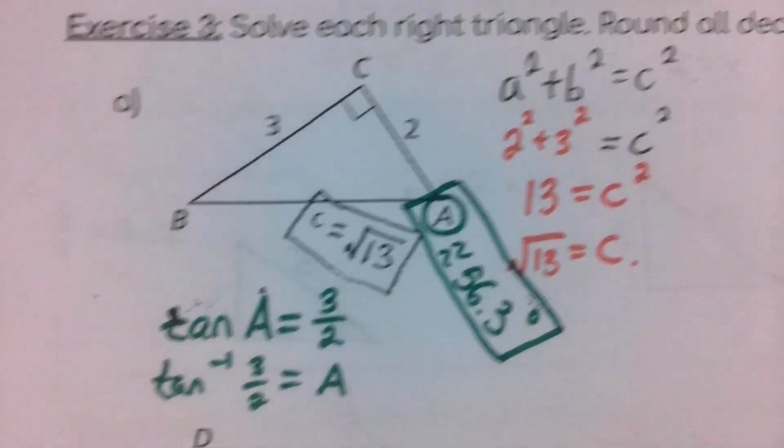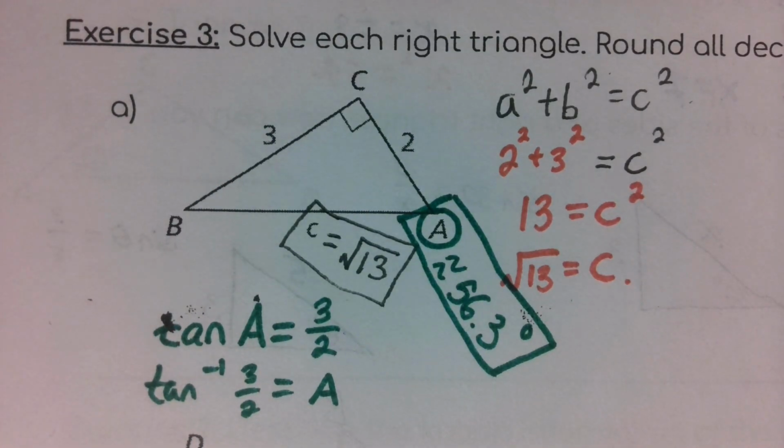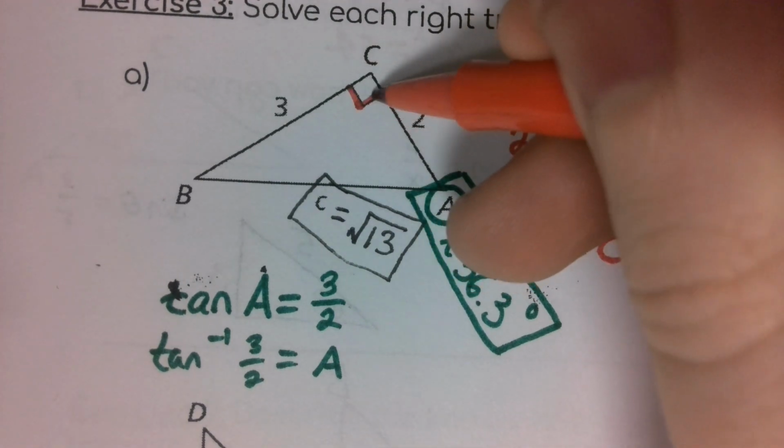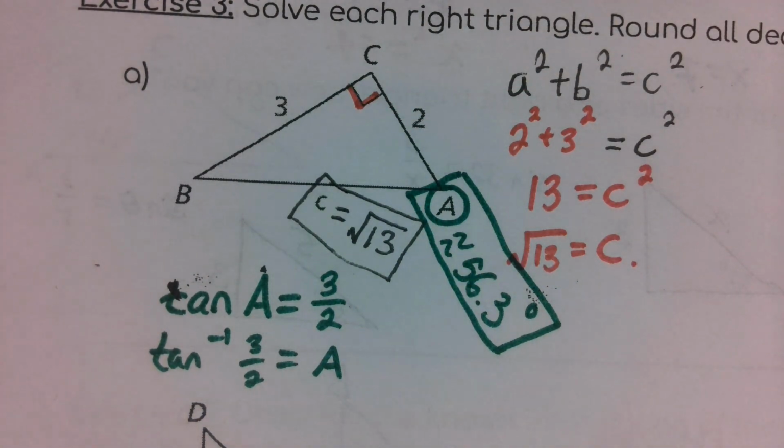Now, we could use a similar process to solve for angle B, but my question is, why make things more complicated than they need to be? We already have two angles on our triangle. We have our 56.3 degree angle, we've got our 90 degree angle, and we know that the sum of all angles in a triangle should be 180.